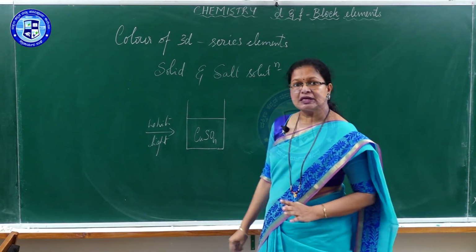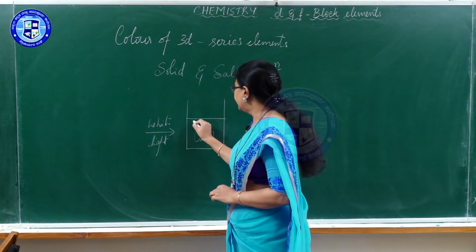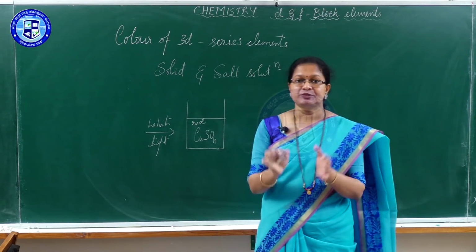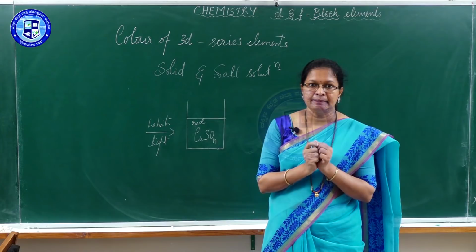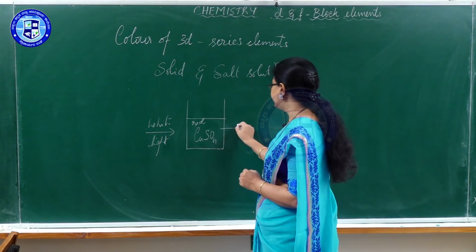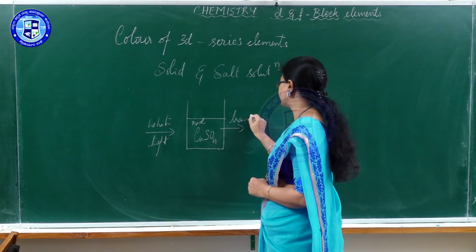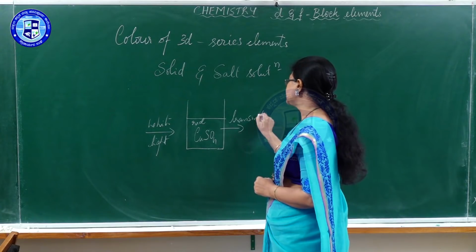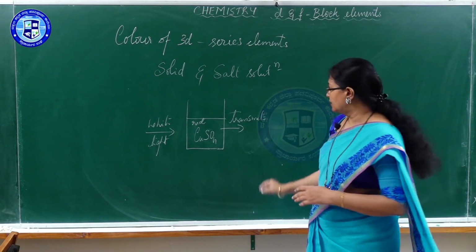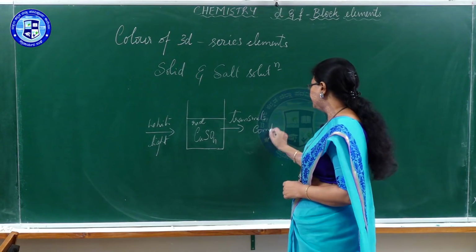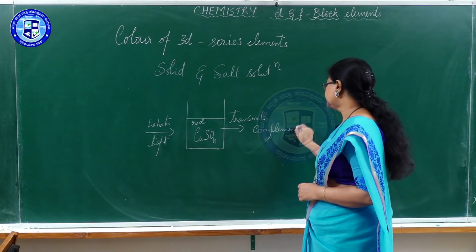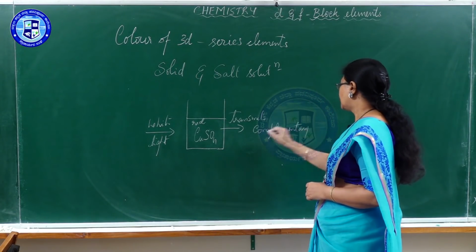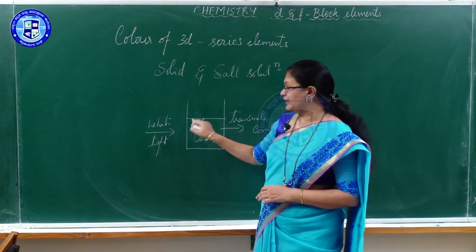In case of copper sulfate, it absorbs red color radiation and transmits the remaining color, which is called the complementary color to that of red.